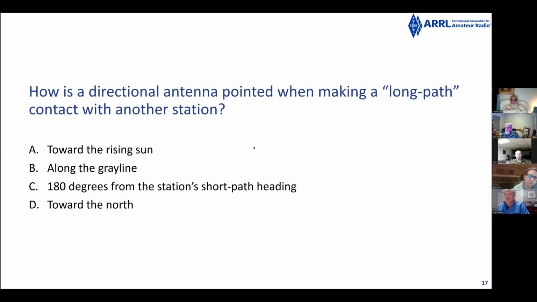You might be able to make contact with stations in directions you don't expect through gray line propagation. And it's sort of a great mystery, and it's surrounded with a lot of tall tales, but it's a term to be aware of. So the answer here is C, 180 degrees from the short path.